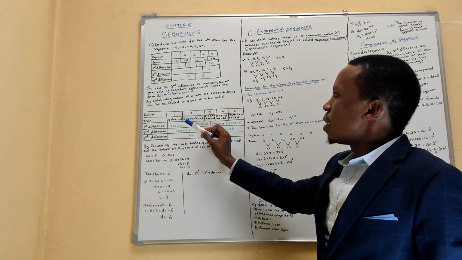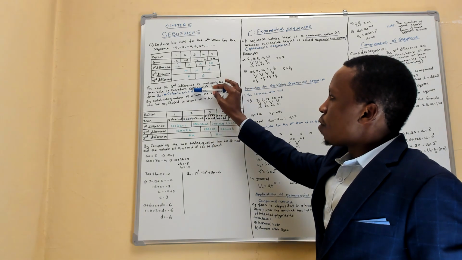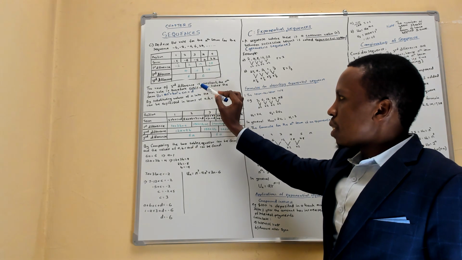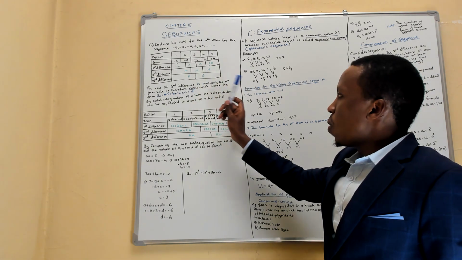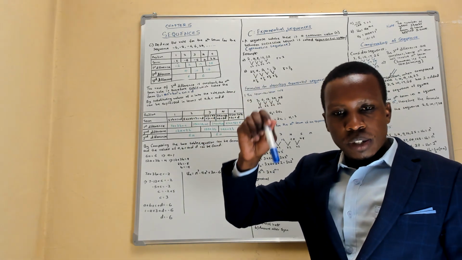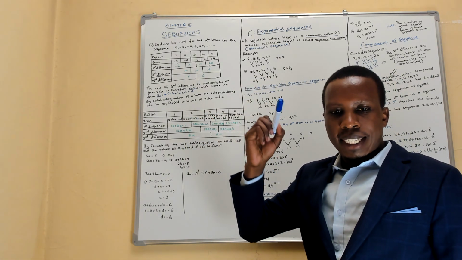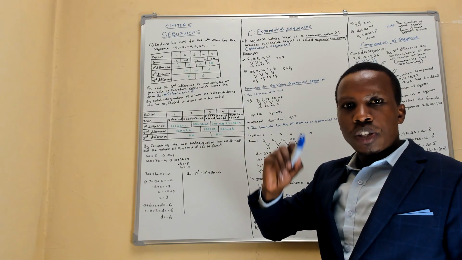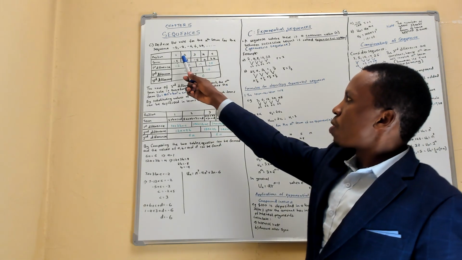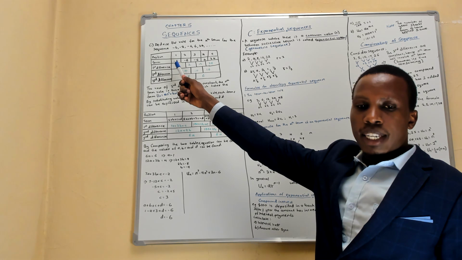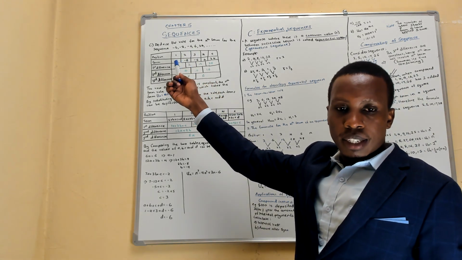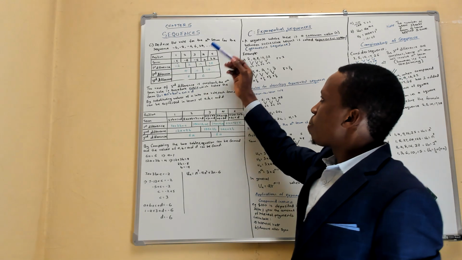For us to do that, because we know the formula is an cubed plus bn squared plus cn plus d, we will use the formula and just substitute the positions of each term. The first position gives us negative 6, the second position gives us negative 8.